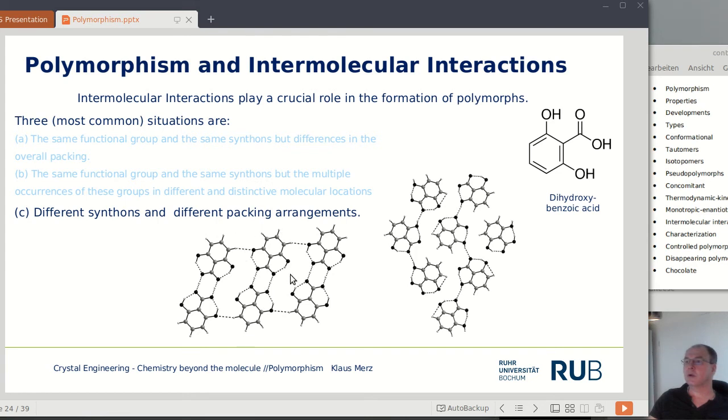In one case, here the hydroxy group, and the carboxylic group is forming here. And in this case here we have a hydrogen bond to the neighboring molecule, something like a dimer and a catemer function. There's no catemer, it's only a little bit similar to a catemer function, more a dimeric pattern.